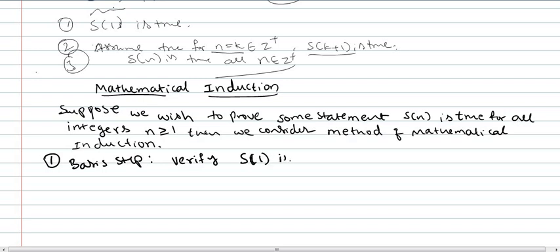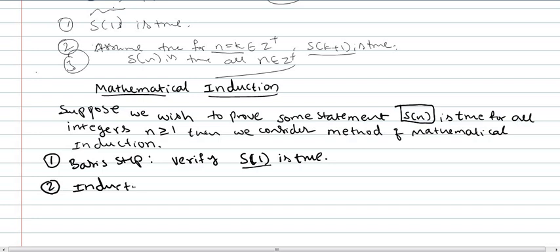How do you prove this? You take the statement S of n and put n equal to 1 and see that the LHS and RHS are the same. Then we say that the basis step is true, or S of n is true for n equal to 1.